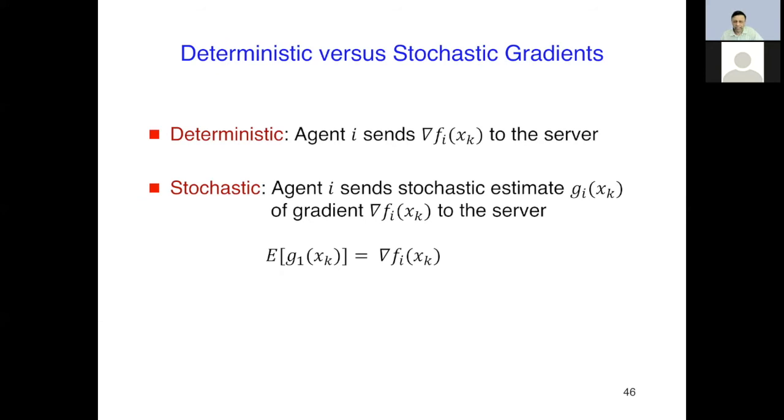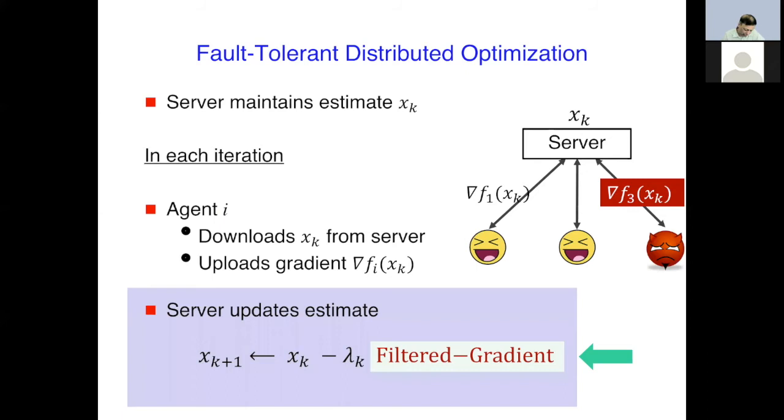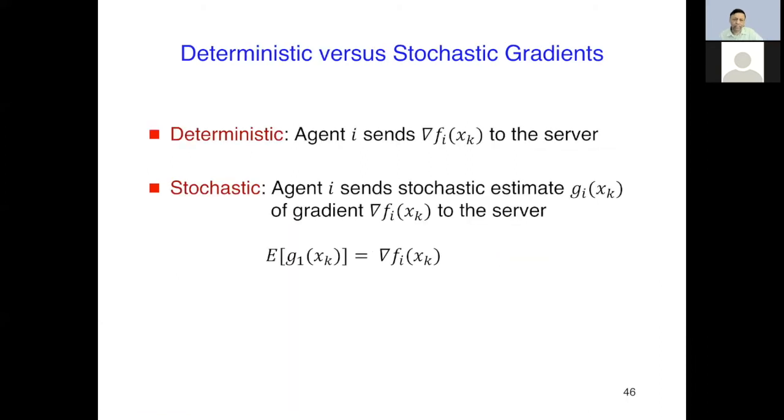But those gradients could have been stochastic gradients too, meaning agent one could have sent a stochastic gradient. Then the filtering has to happen on these n stochastic gradients received by the server from the n agents. That's what this slide is saying: this is a deterministic case, or this is a stochastic case.